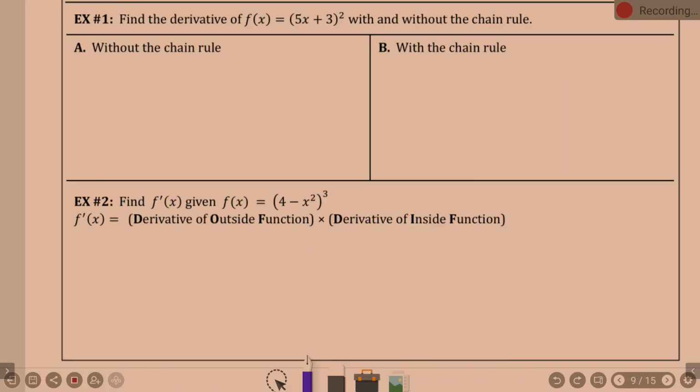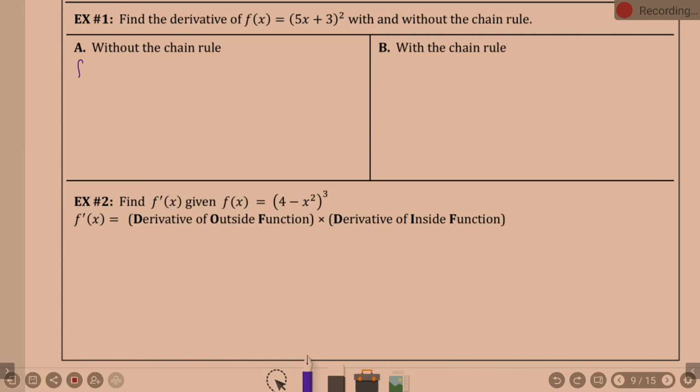Let's look at example 1. Find the derivative of f of x equals (5x plus 3) quantity squared, with and without the chain rule. So without the chain rule, for the Unit 2 exam, in order to find the derivative of this, what would I have said needs to happen first? You're going to have to FOIL this out first before you can take the derivative.